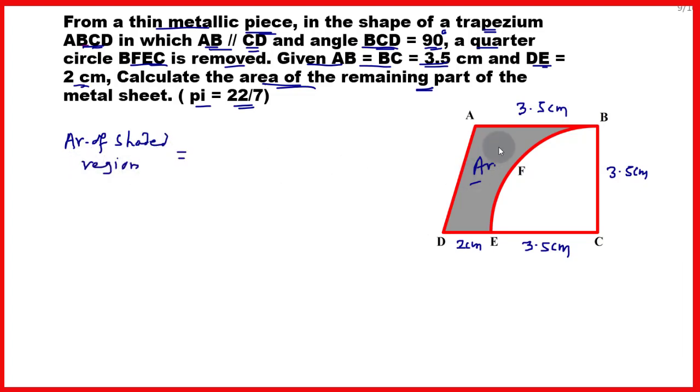So to find the area of the shaded region, that is equal to area of trapezium minus area of the quadrant. Area of trapezium we calculate as 1/2 into bracket sum of the parallel sides. So AB and CD are the parallel sides.